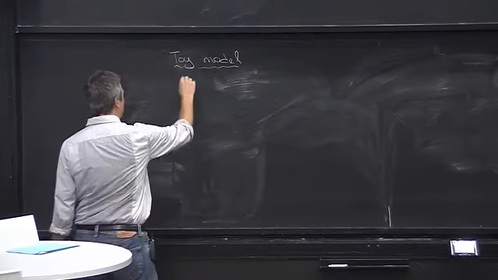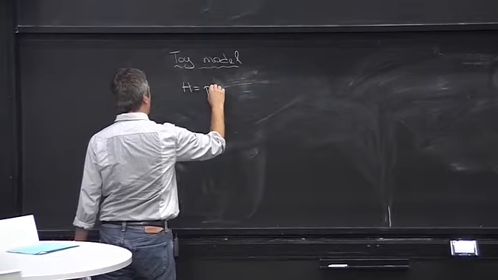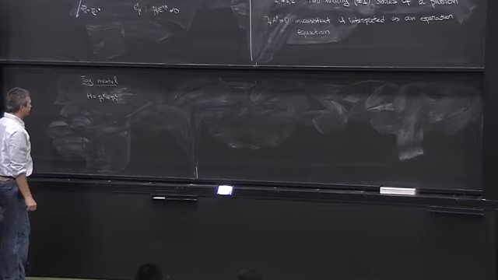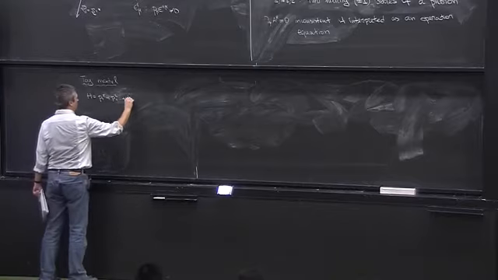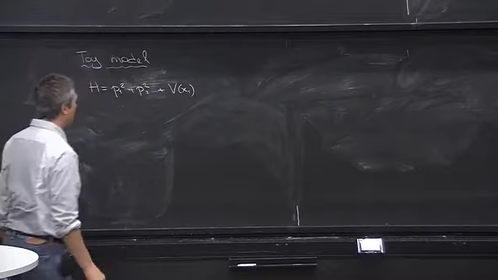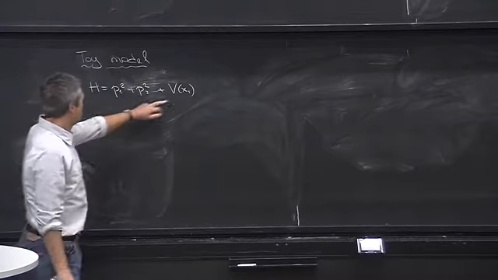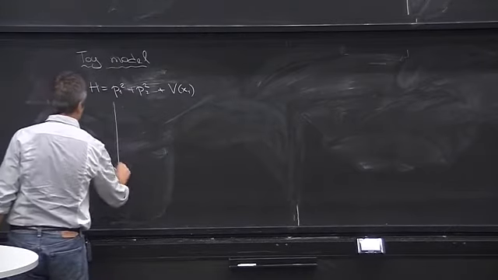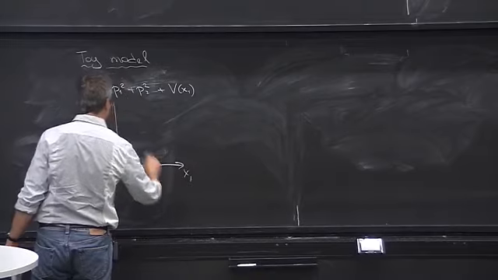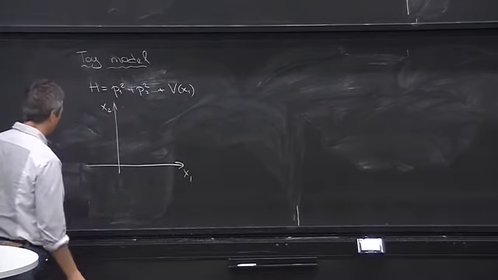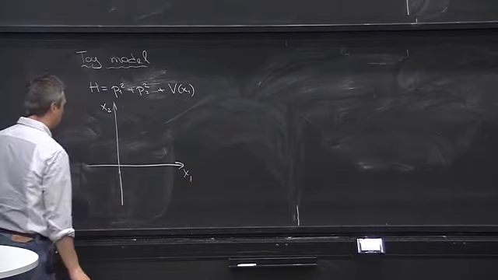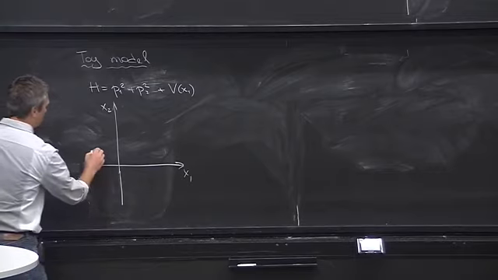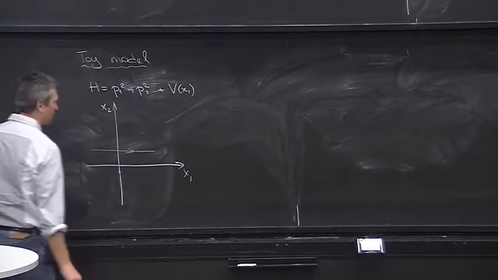Suppose we consider a particle on a plane that moves in some potential that depends only on one of the coordinates. And now we want to consider the states of this particle that only move in one direction.